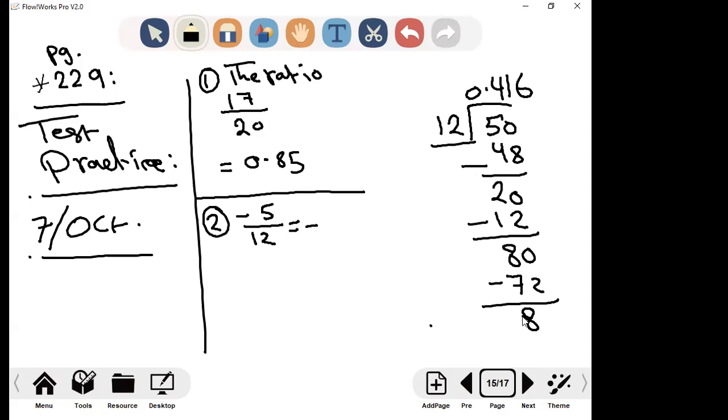Subtract 8, decimal 0, 6, 72, 6 forever, right? So here, negative 0.416 with the 6 repeating. Is that right? We did the repeating decimals before, right? So this is question 2.